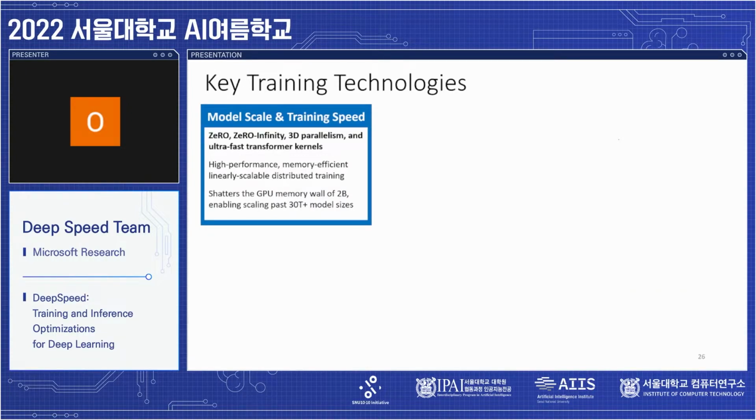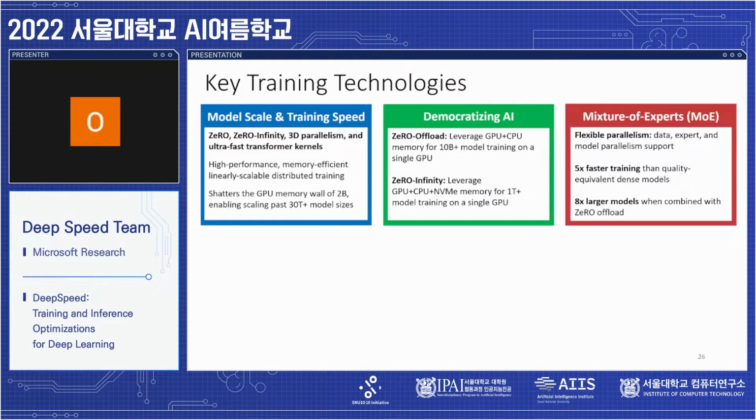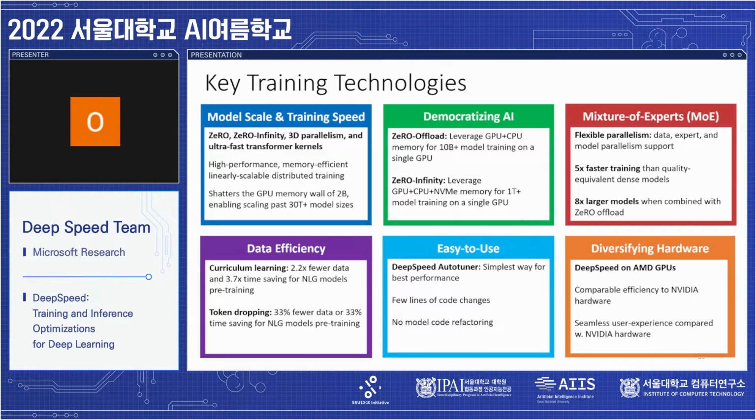Okay. So then the final things I just want to mention here, if you can just click through all of this, is that stepping back in terms of training, DeepSpeed has a number of technologies here. So we talked about the model scale and training speed. We also see that DeepSpeed enables democratization of AI. This is with ZeRO-Offload and ZeRO-Infinity, where individuals can train 100 billion parameter models on a single GPU.